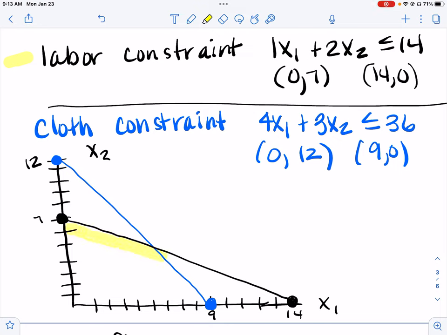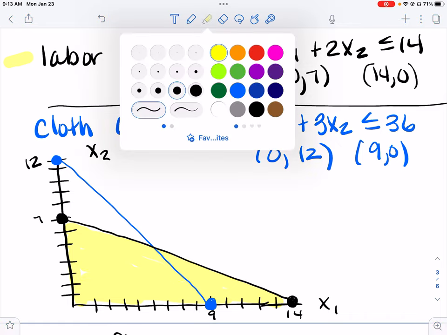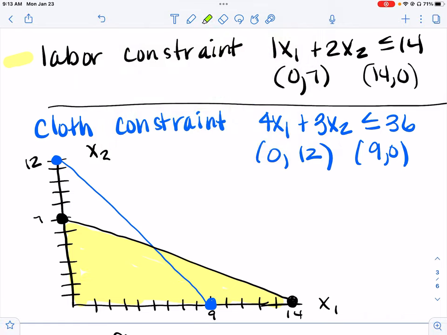So we're going to shade everything below the line drawn in black pen. Okay, in green, I'm going to shade everything below the blue line. Okay, so everything below the blue line gets shaded here.